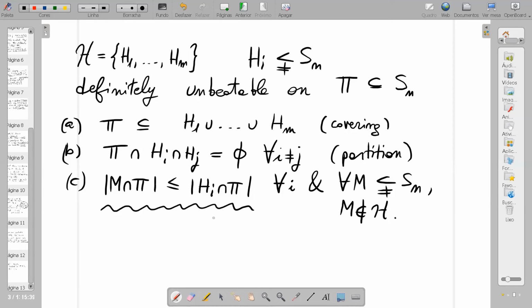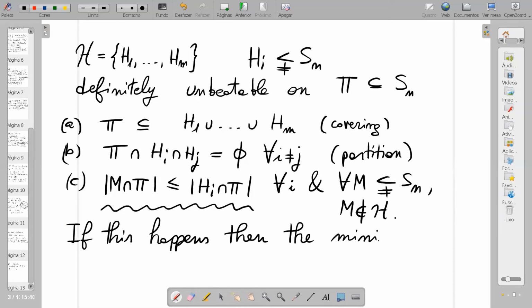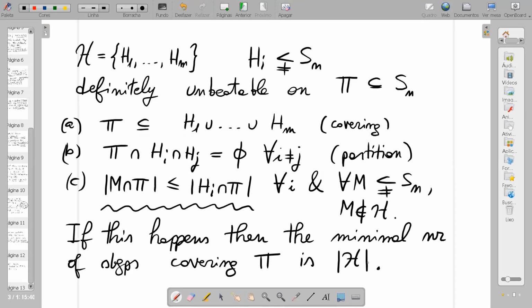Essentially it says that if you have any other subgroup that is not in the family, then it covers fewer elements of pi compared to every subgroup in the family H. And then if this happens, the minimal number of subgroups covering pi is exactly the size of H. So this is exactly how you prove lower bounds.